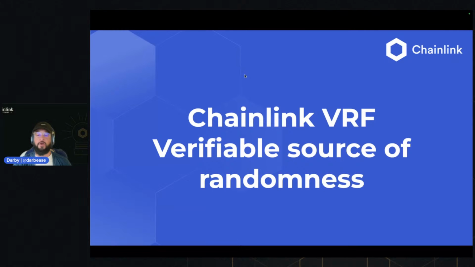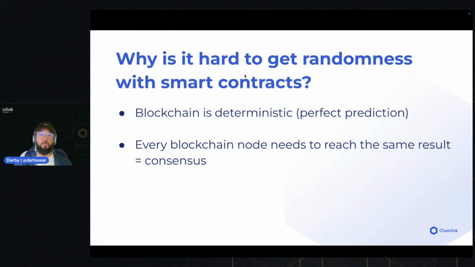So Chainlink VRF is a verifiable source of randomness. Why is it hard to get randomness with smart contracts? Blockchains are deterministic. If you had a function to create random numbers in code that is live on a public network like Ethereum or any of these EVM-compatible networks, you could perfectly predict the outcome. Say you have a lottery or other parameters in a game, you would be able to game that by using the block hashes and times to check your transactions against it.